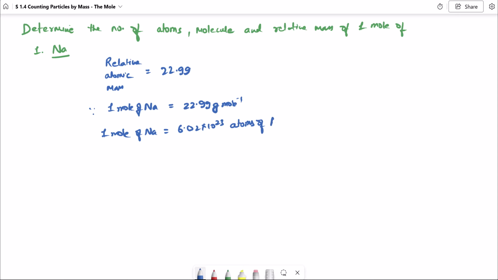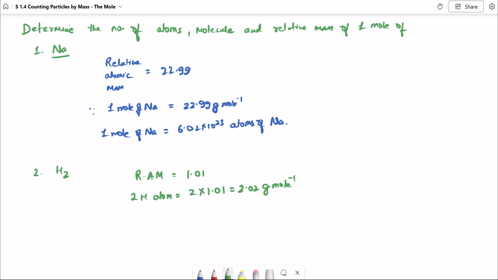For a second example, hydrogen molecule. The relative atomic mass is 1.01, given in the data booklet. Since there are 2 hydrogen atoms, the mass will be 2 into 1.01, that means 2.02 gram mole inverse.